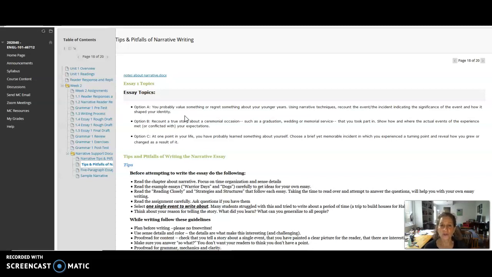So make sure that you do the pre-writing work, such as reading the chapter, reading the 2 stories, and paying attention to narrative elements. The first option is to write about some value or regret that you did in your younger years. You're going to use narrative techniques to recount the event and the indicator.